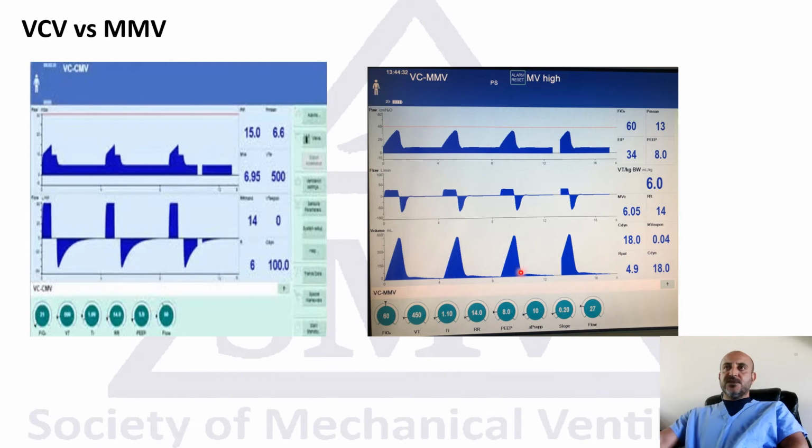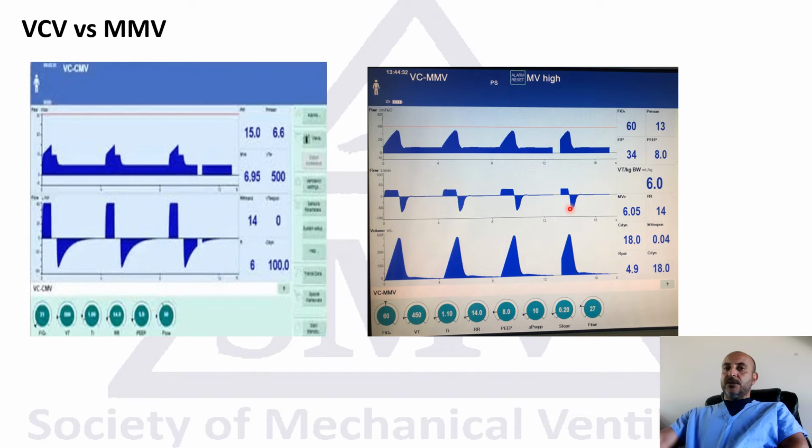Versus on the right side, the slide we showed before, again constant flow, there's no pause, so the airway pressure looks like this. In volume control, whether the patient triggers the breath or it's a mandatory breath by the ventilator, all the breaths would look the same. Airway pressure looks the same, the flow looks the same.